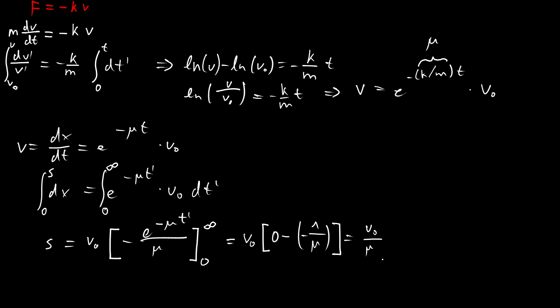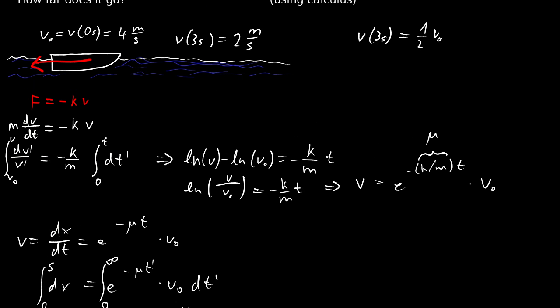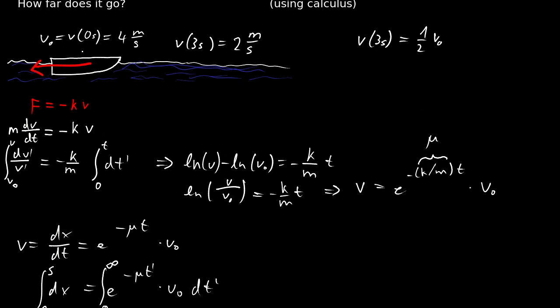Well, this is the distance that it will be going. So now the only thing we need to know is this mu, so that basically damping coefficient divided by the mass. Okay, and how do we get that? Well, we have our initial conditions here, right? These are our initial conditions.